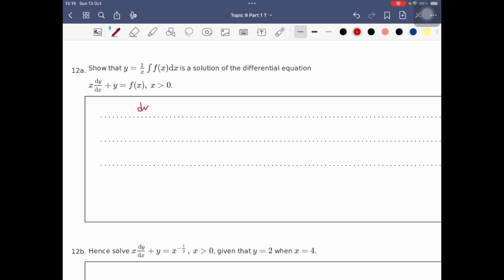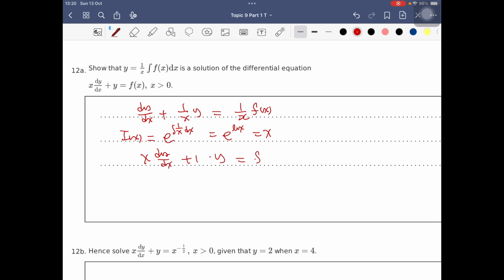So now dy over dx plus 1 over x times y equals 1 over x times f of x. So now we need to find the integrating factor, e to the integral of 1 over x, which is ln x, is x. So x dy over dx plus 1 times y equals f of x.